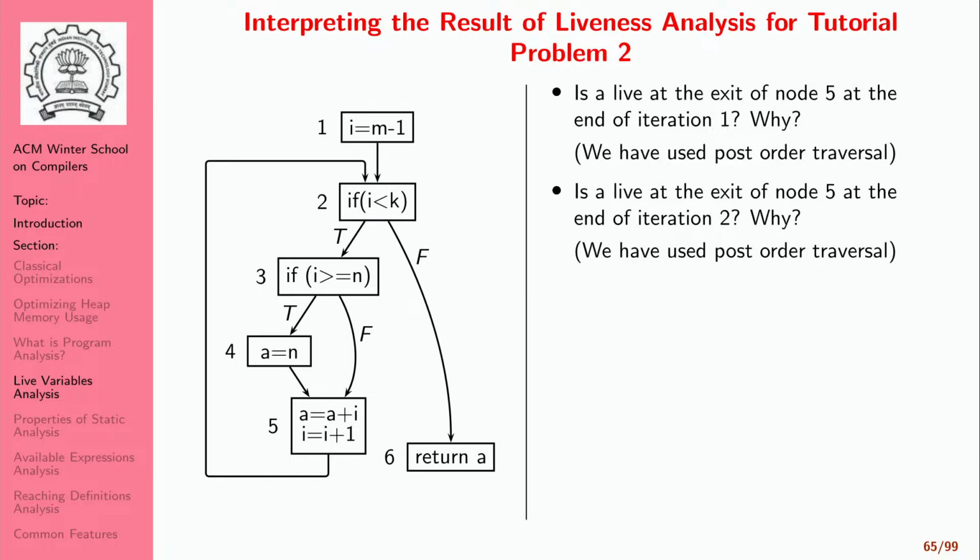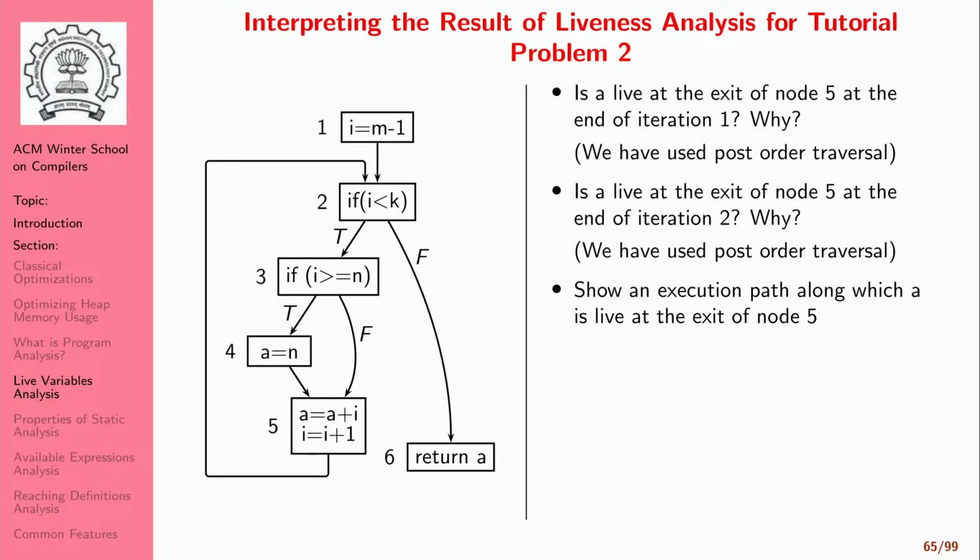Right? Okay. Is A live at the exit of node 5 at the end of iteration 2? Yes. Show an execution path along which A is live at the exit of node 5, in the final solution. So show me a path starting at 5 along which A is used before being defined. 5 to 6, yes.